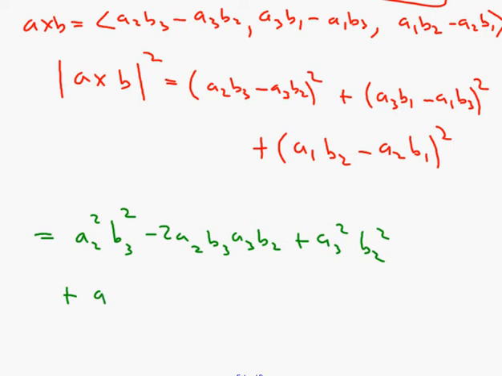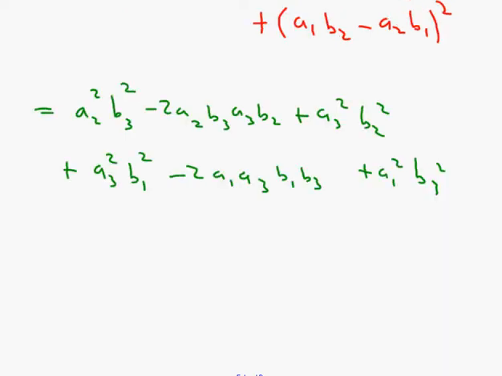All right, so the next term, A3 squared B1 squared minus 2 A1 A3 B1 B3 plus A1 squared B3 squared. All right, and then one more line of this, plus A1 squared B2 squared minus 2 A1 A2 B1 B2 plus A2 squared B1 squared.